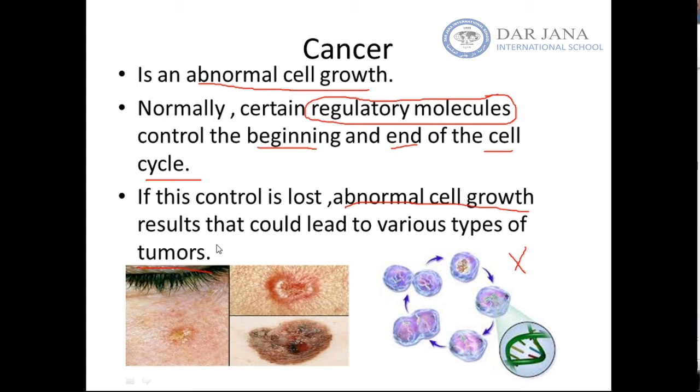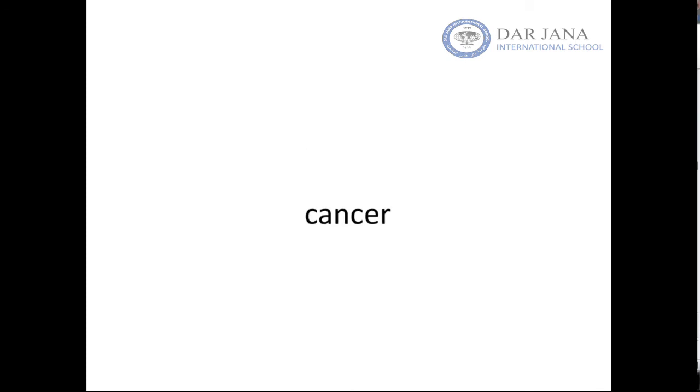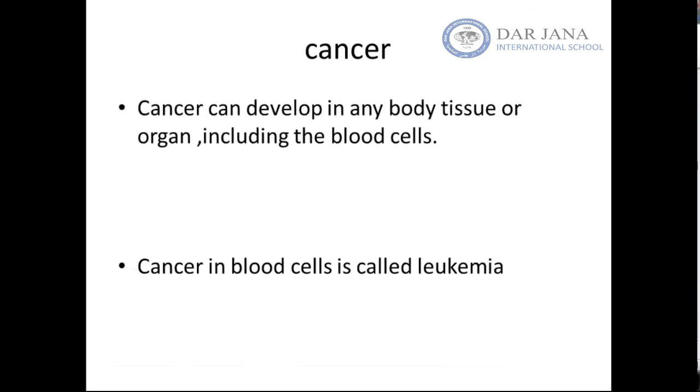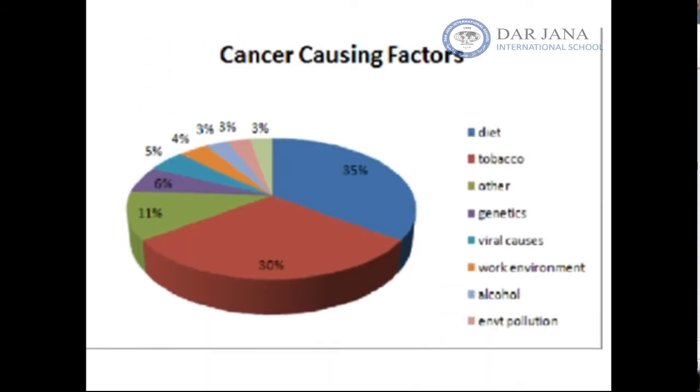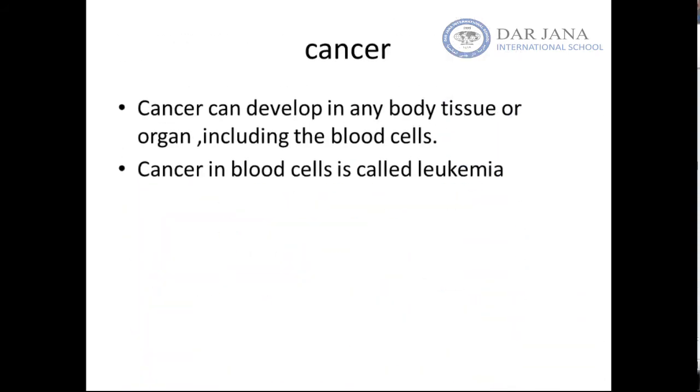This can happen in any place in the body, based on where these cells grow abnormally. So cancer can develop in any body tissue or organ, including the blood cells. When it takes place in blood cells, this type of cancer is called leukemia.